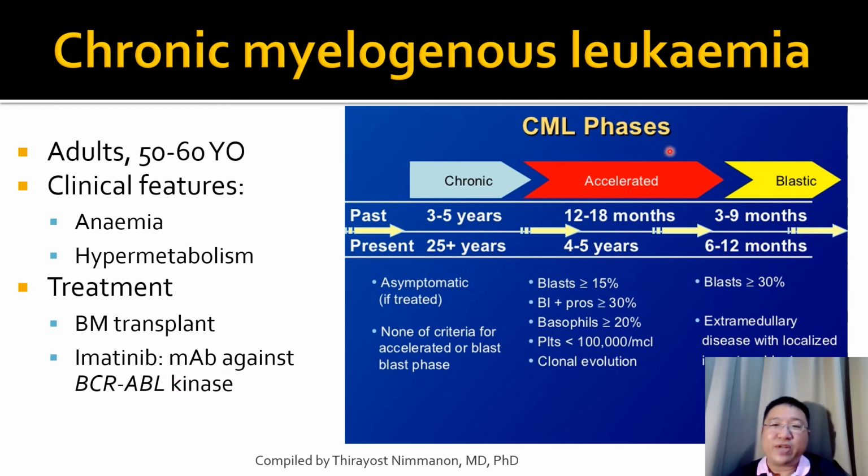And there are different phases of CML. Chronic phase may be asymptomatic if treated, and accelerated, so the blasts are increased. And then blastic phase, because CML may be transformed into AML in the end.